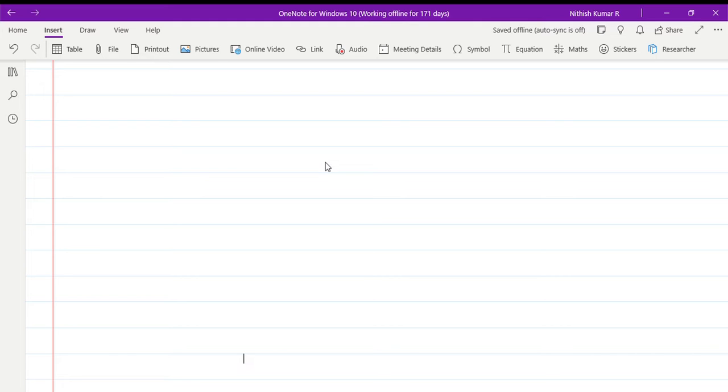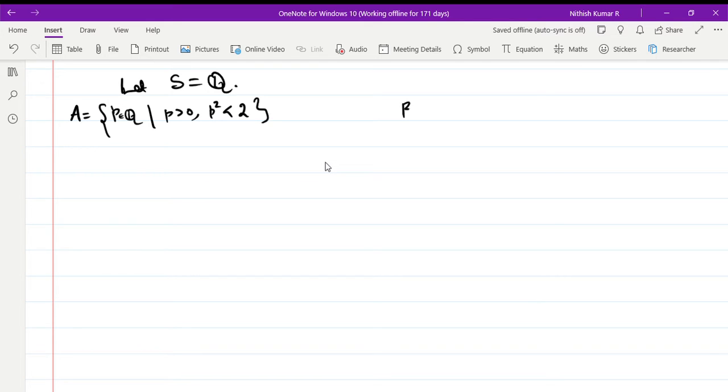Now take S equal to Q, and let A be the subset of Q given by the set of all p belonging to Q such that p is greater than 0 and p square is less than 2. And B is the set of all q belonging to Q such that q is greater than 0 and q square is greater than 2.